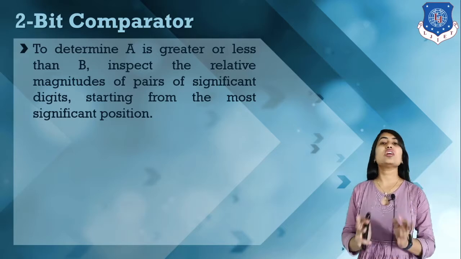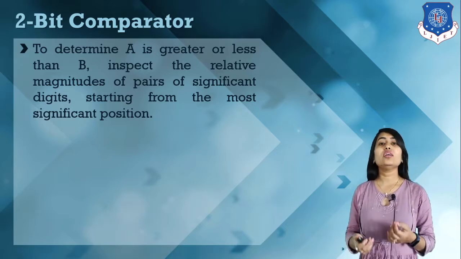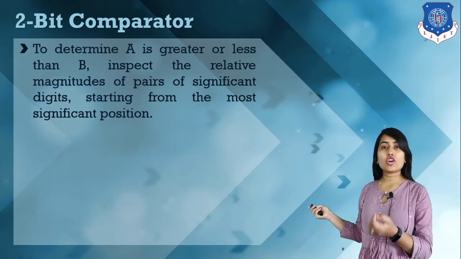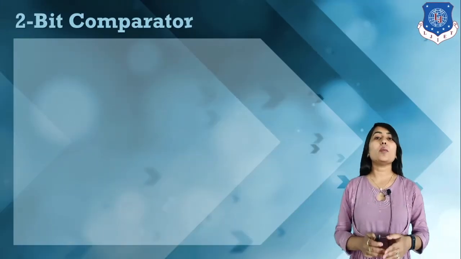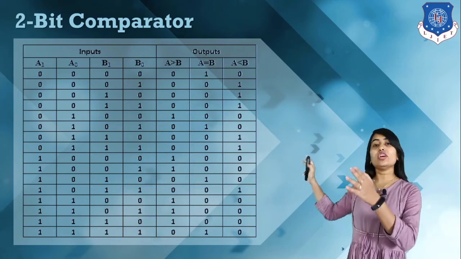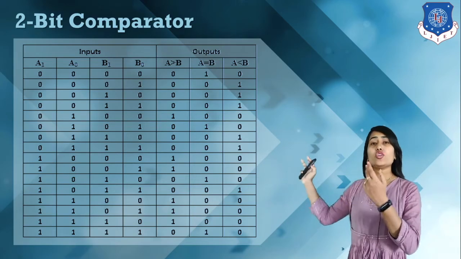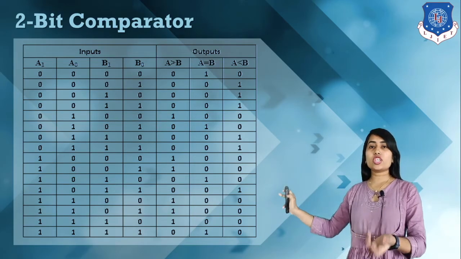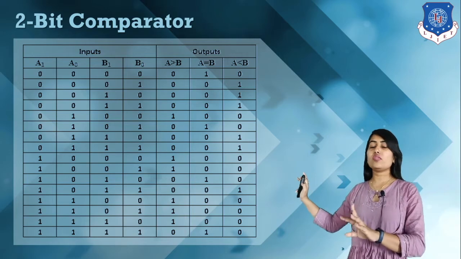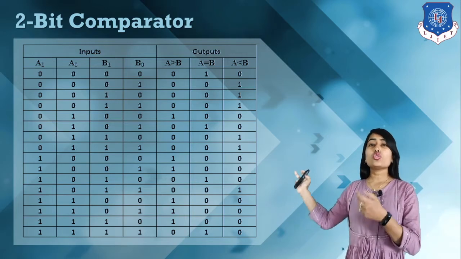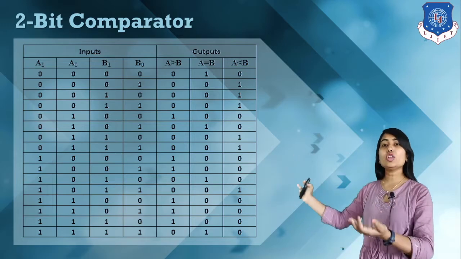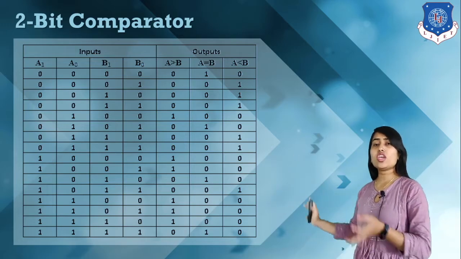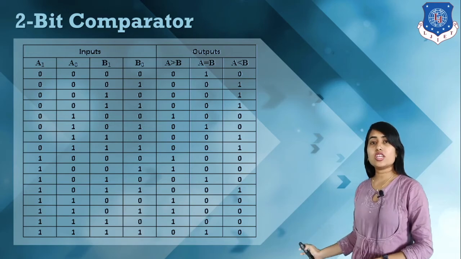For 2-bit numbers we have a total of 16 possible combinations. A1, A0 has 2 bits, so we have 4 possible combinations, and for B1, B0 again we have 4 possible combinations. So in total we have 16 combinations, and we can write our 16 combinations like this.